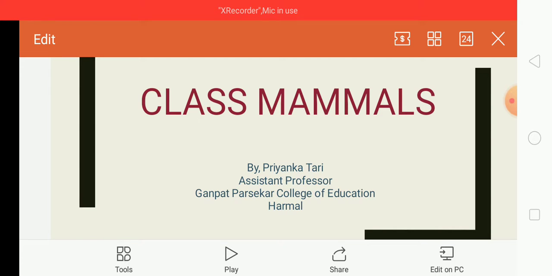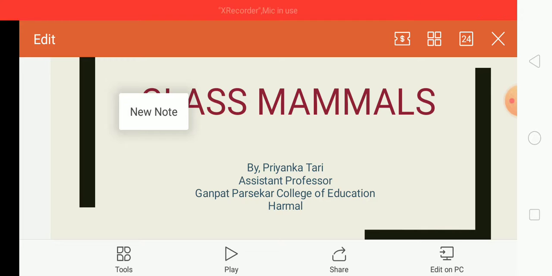An example of this is the platypus, a member of class Mammals which shows a bird-like beak and lays eggs. The echidnas are the only other monotreme mammals.